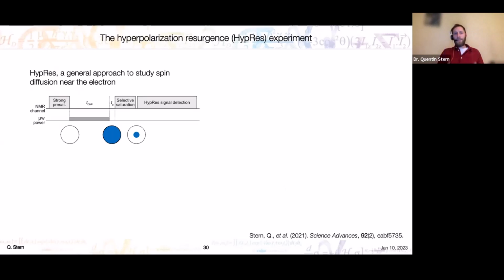The saturation pulses have a limited bandwidth, so they only act on the visible spins, and spins that are further away from your NMR line because they are too much hyperfine shifted are not affected by your pulse. So you create a gradient of polarization between the spins that are very near the electrons that you cannot observe and those further away. Then you record the signal equilibrating between the two until it reaches equilibrium.